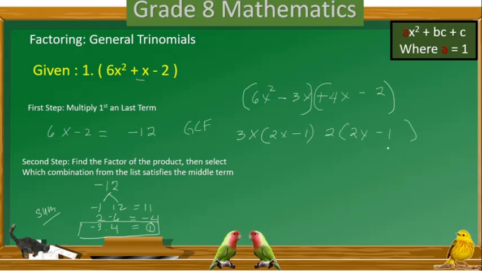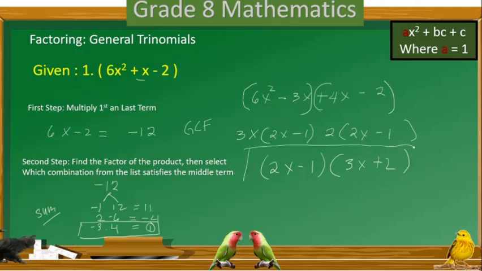That is your hint that the answer is closer to the correct one. So we'll copy this common factor, 2x minus 1, then the last one, 3x and positive 2. Okay, this is now the factored form of the given trinomial.